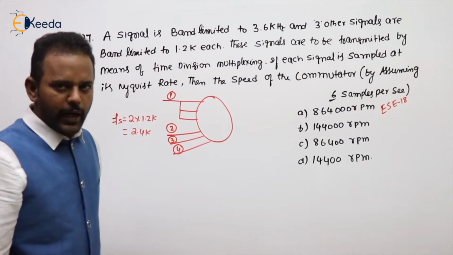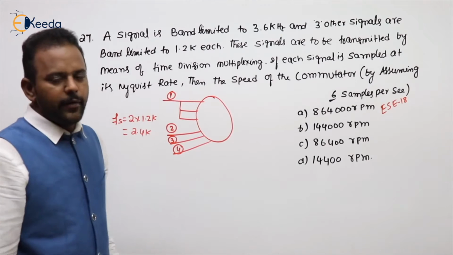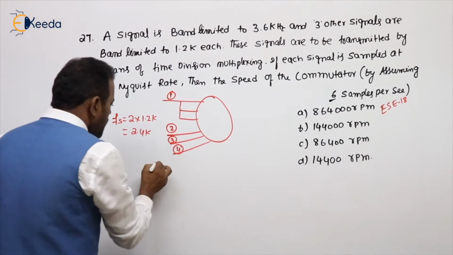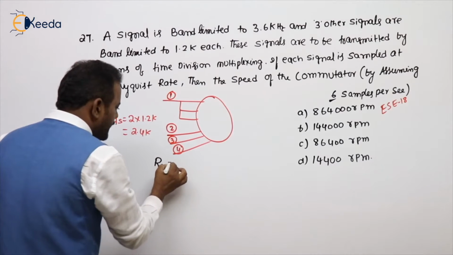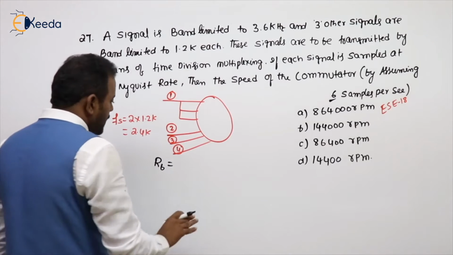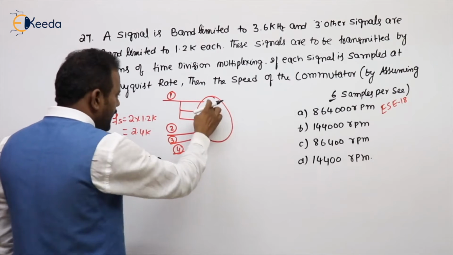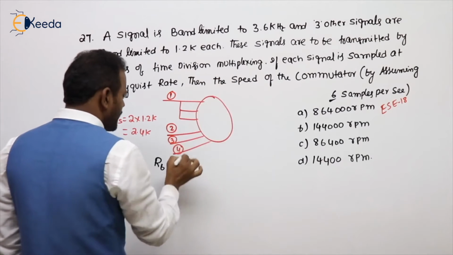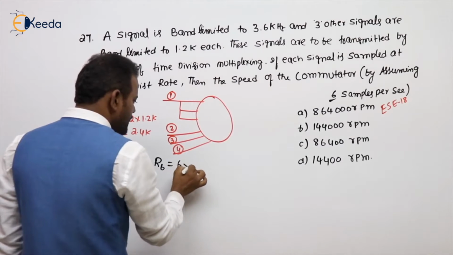First I will calculate RB. From there you can get the number of rotations. What is RB, sir? Bit rate, the number of bits per second. Coming to the bit rate RB, there are total 6 samples coming in each rotation. So capital N value is 6.